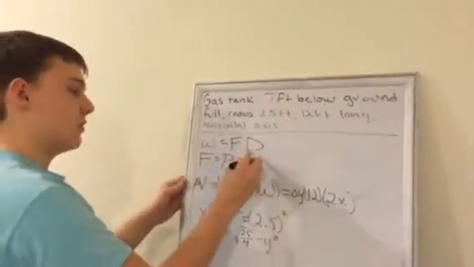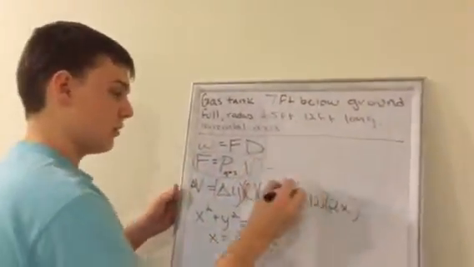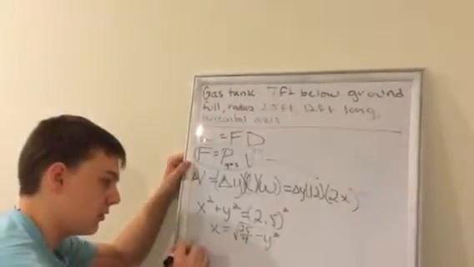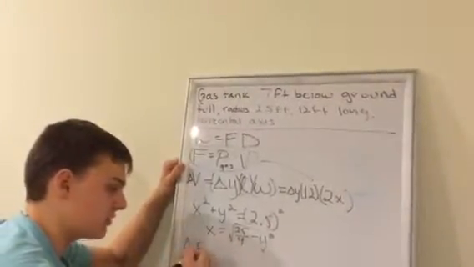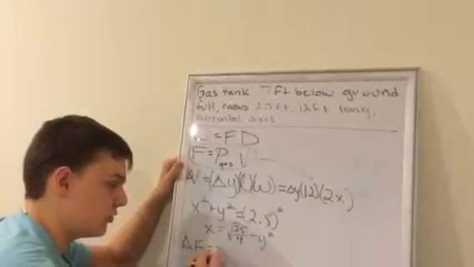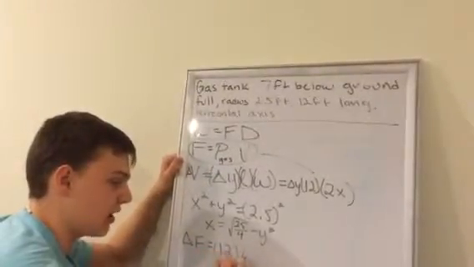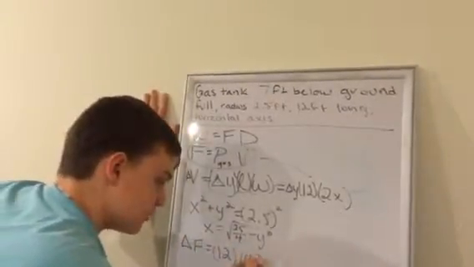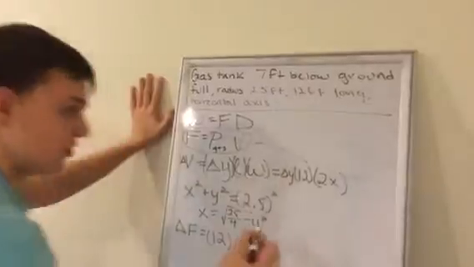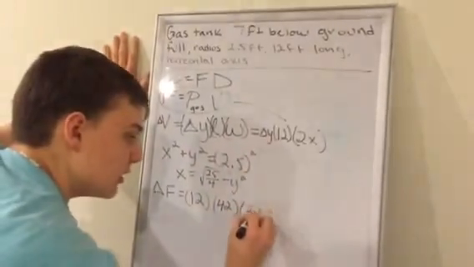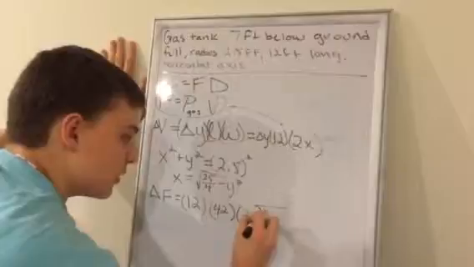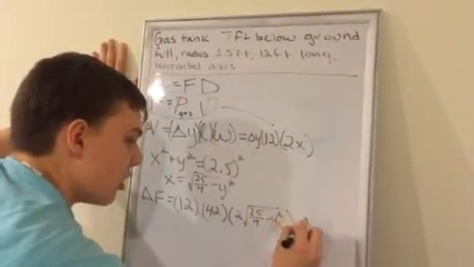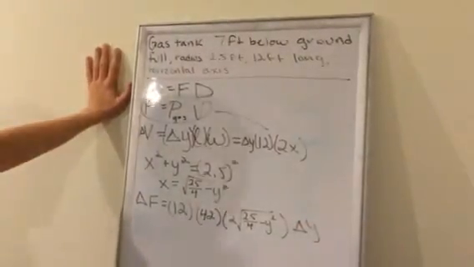So, thus, combining this equation with our volume, our incremental force equals 12 times our density, which is 42 pounds per cubic foot, times 2x, which is 2 the square root of 25 over 4 minus y squared, times delta y, which is our height.